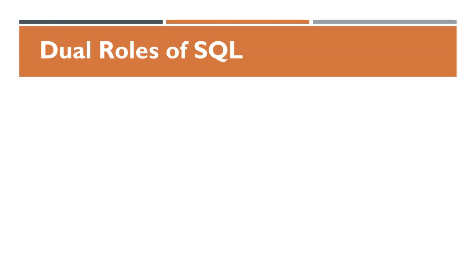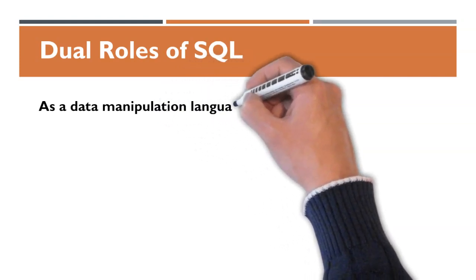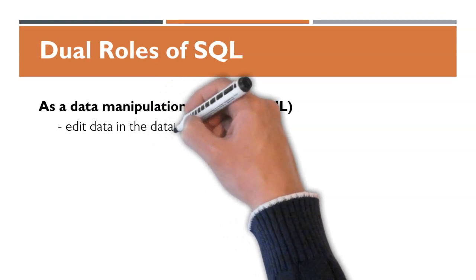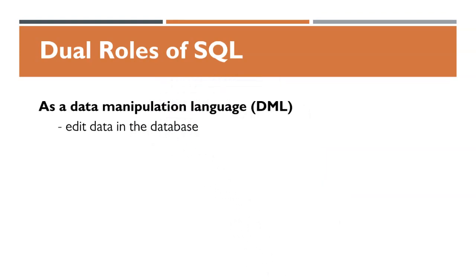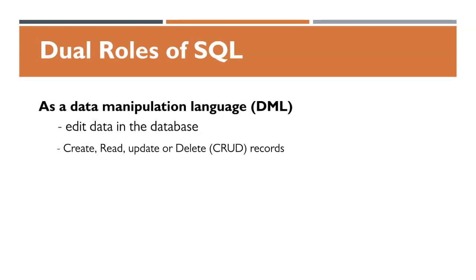When we use SQL to work with data in existing tables, that's SQL being used as DML, or Data Manipulation Language. These operations where we change data are generally called CRUD, shortened for create, read, update, and delete. CRUD is a common shorthand for referring to modifying data in a database.